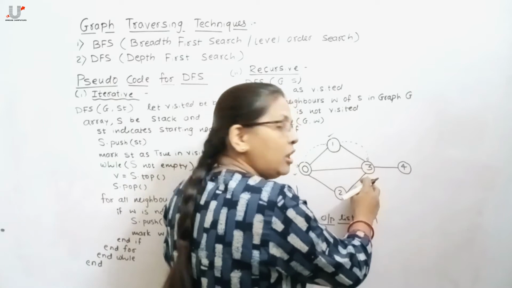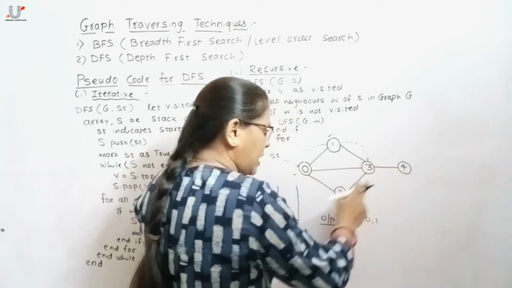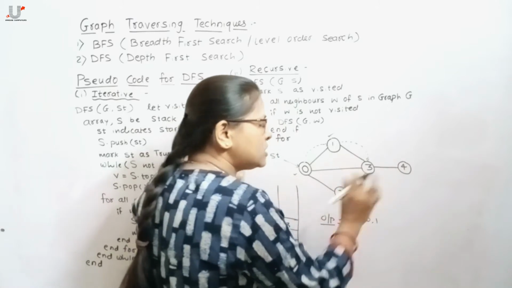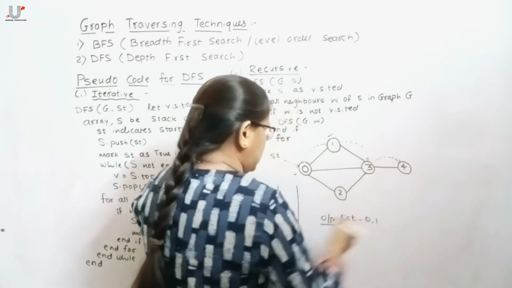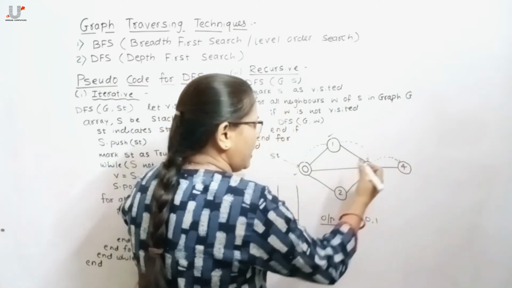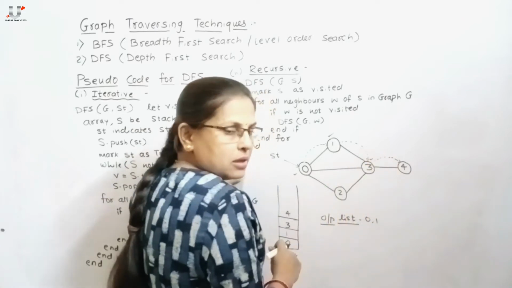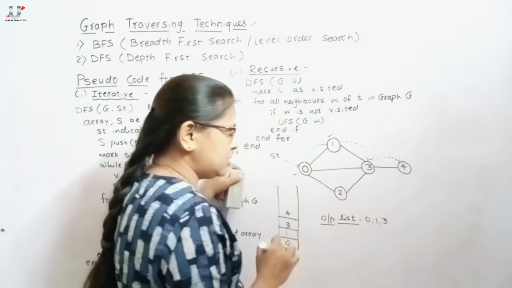The next unvisited adjacent nodes of this 3 are 4 as well as 2. You can choose any of them. Here I choose 4. So 4 gets pushed into the stack and then 3 gets marked as visited and displayed in the output list.